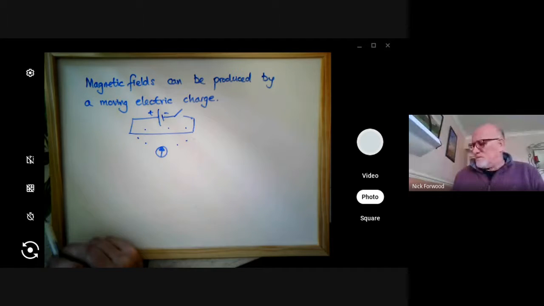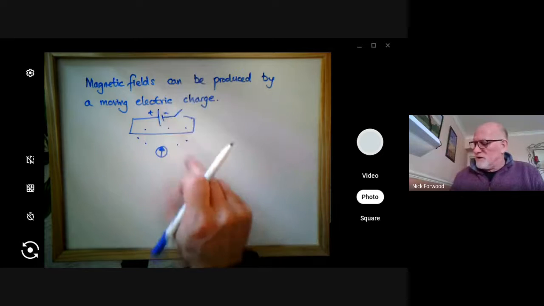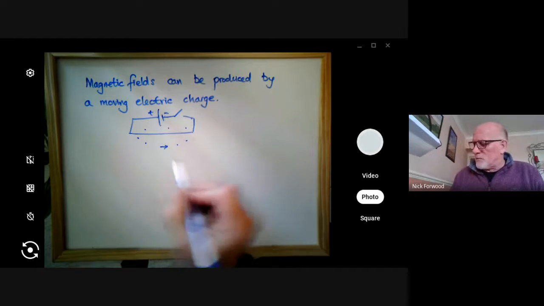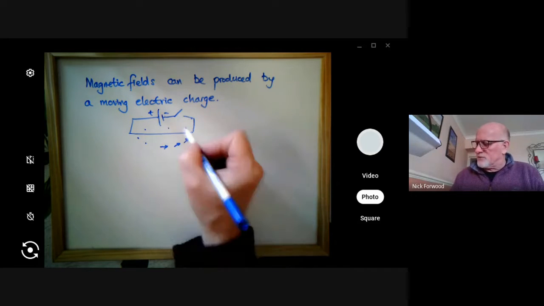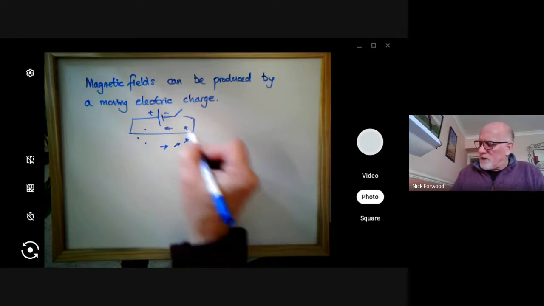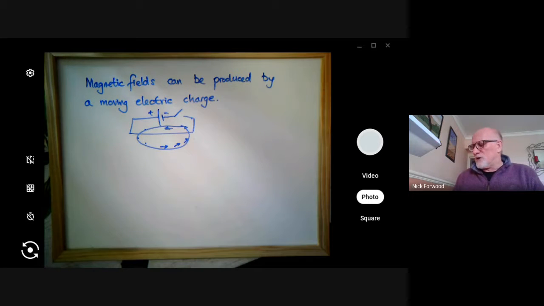As you moved it around, it would point in different directions, the compass needle will map out where the field goes, and then you can join up all the little compass arrows and you'll be able to see where the field is.